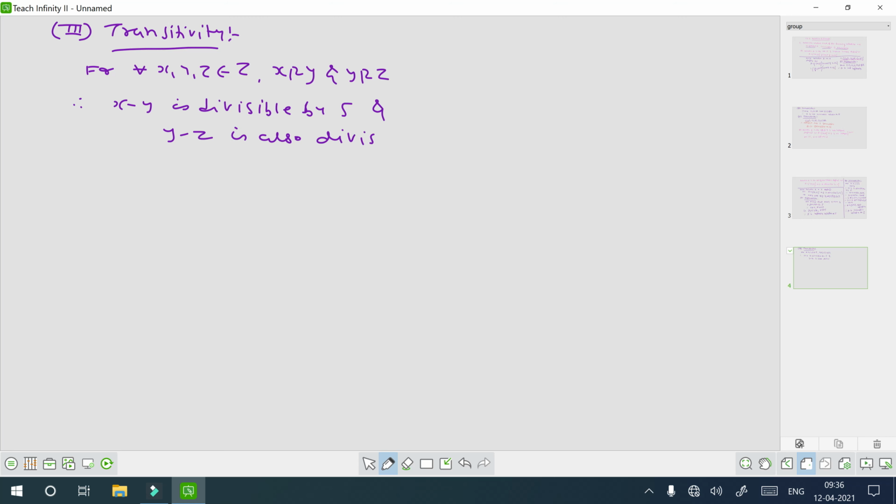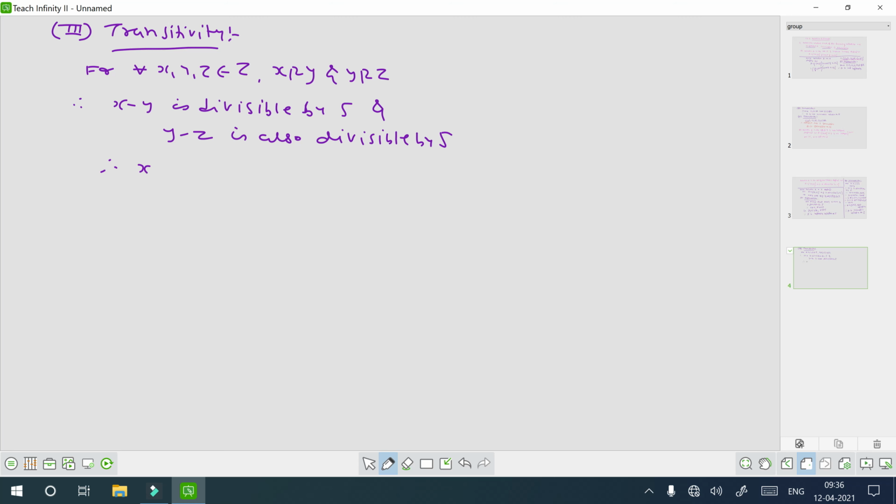If x R y and y R z are given to us, then we have to check x R z. For all x, y, z belongs to Z, let us consider x R y and y R z. And therefore x minus y is divisible by 5 and y minus z is also divisible by 5.